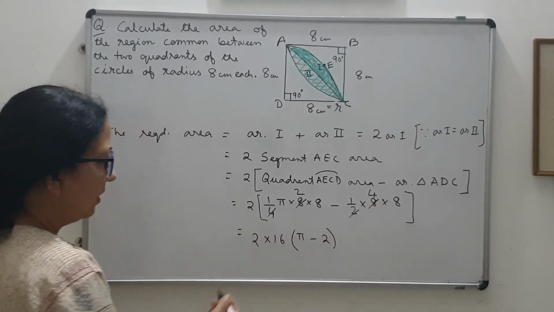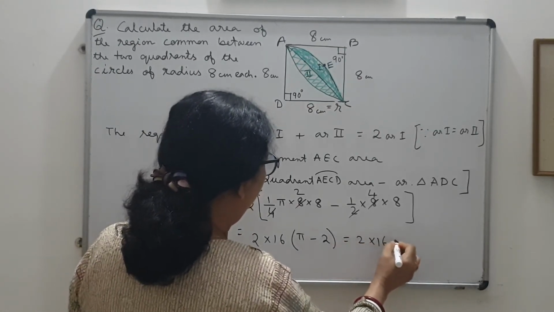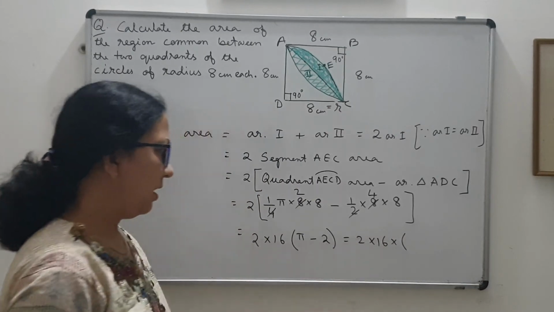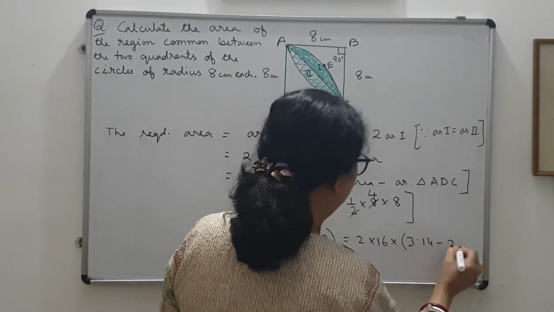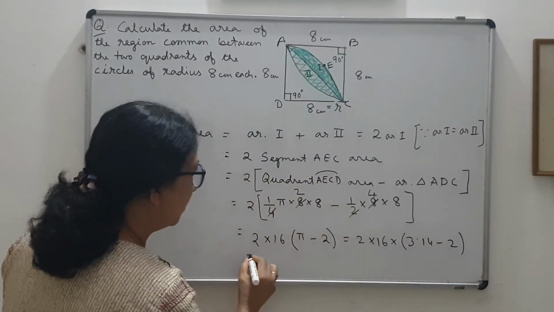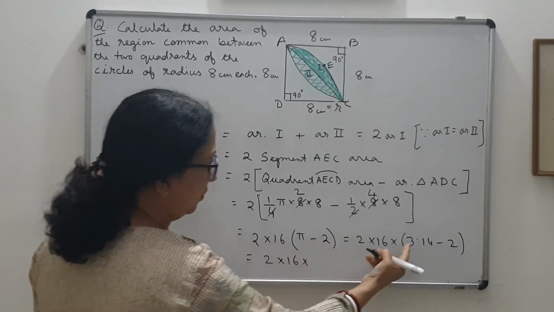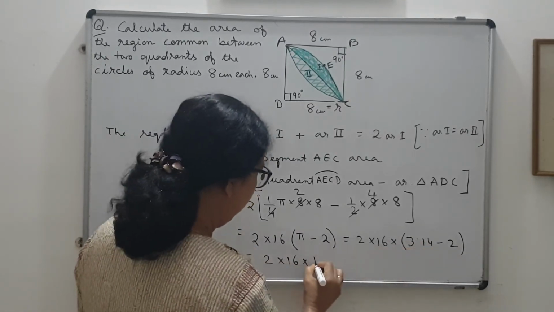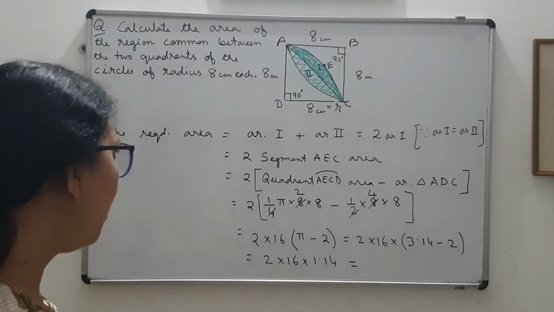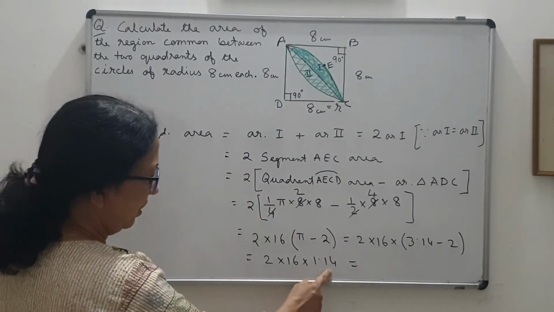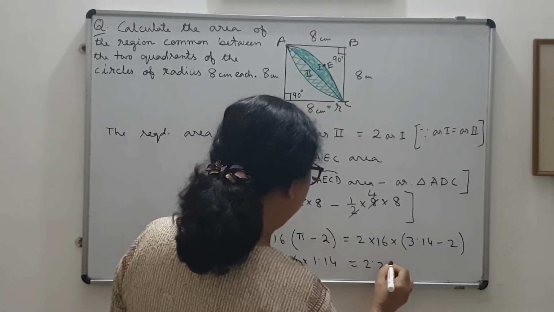Okay. So see, I'm doing the calculation. 2 into 16. And what value of pi will I be taking? 3.14. 3.14 minus 2. So it is 2 into 16 into 1.14. So this calculation is easy. We can first multiply 2 with this, so 2.28.